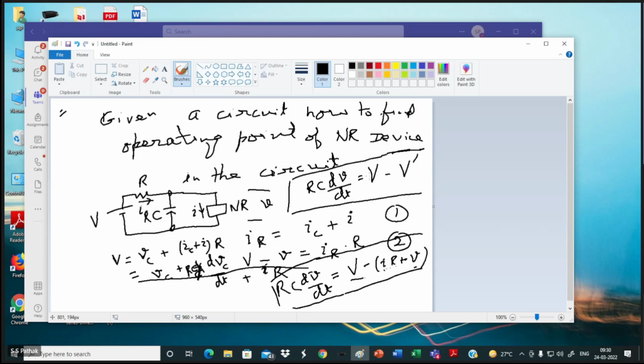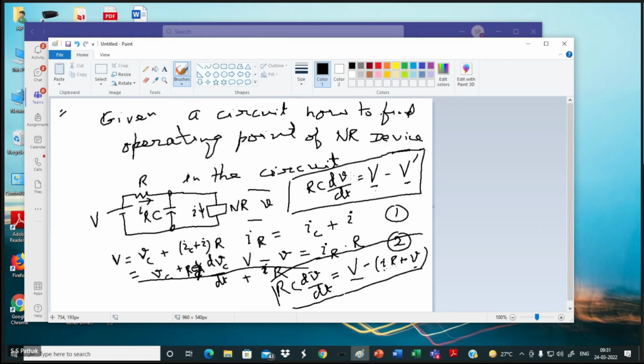So when V becomes equal to this V dash, RC dV by dt will become 0. That means this voltage becomes constant.